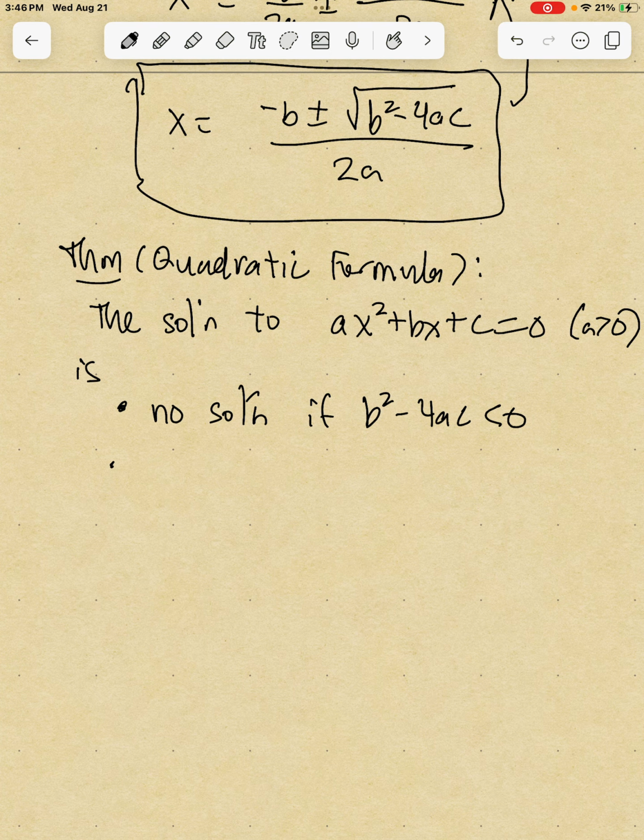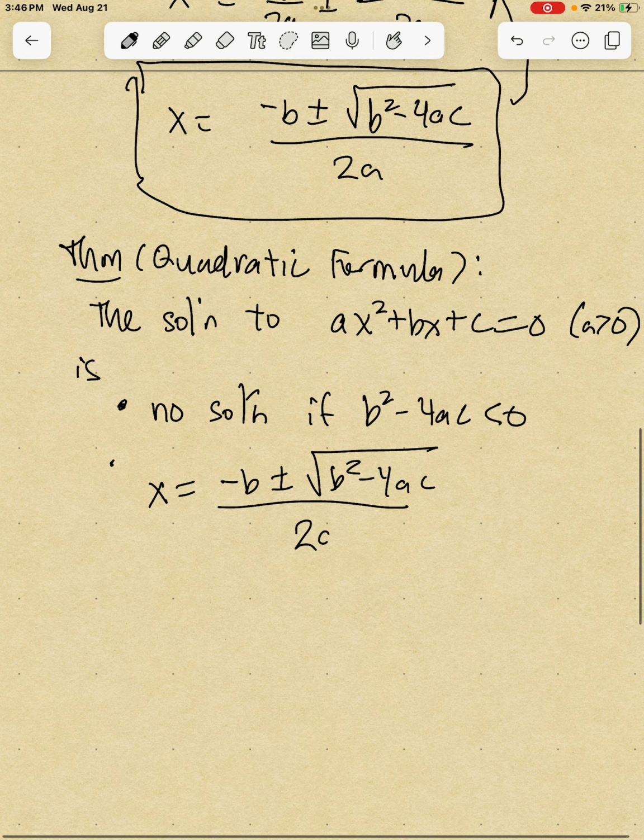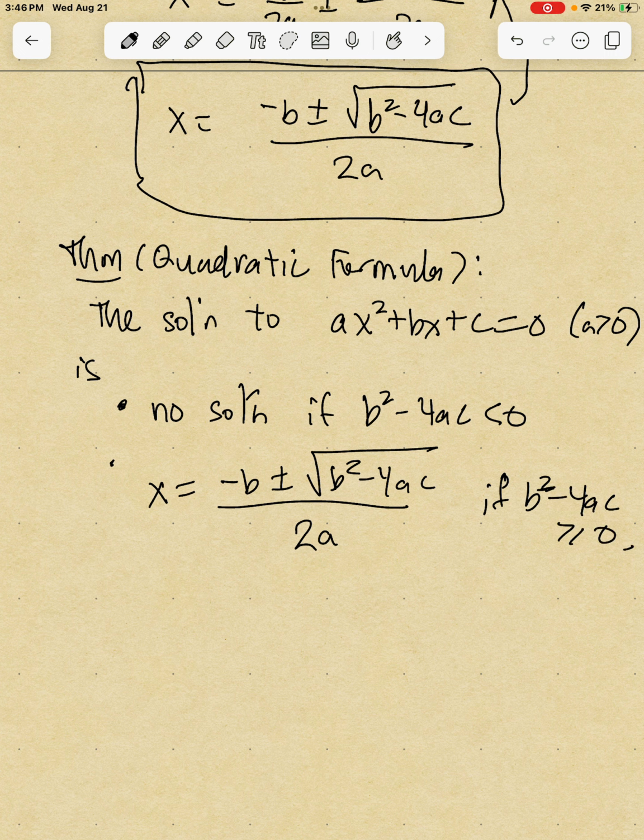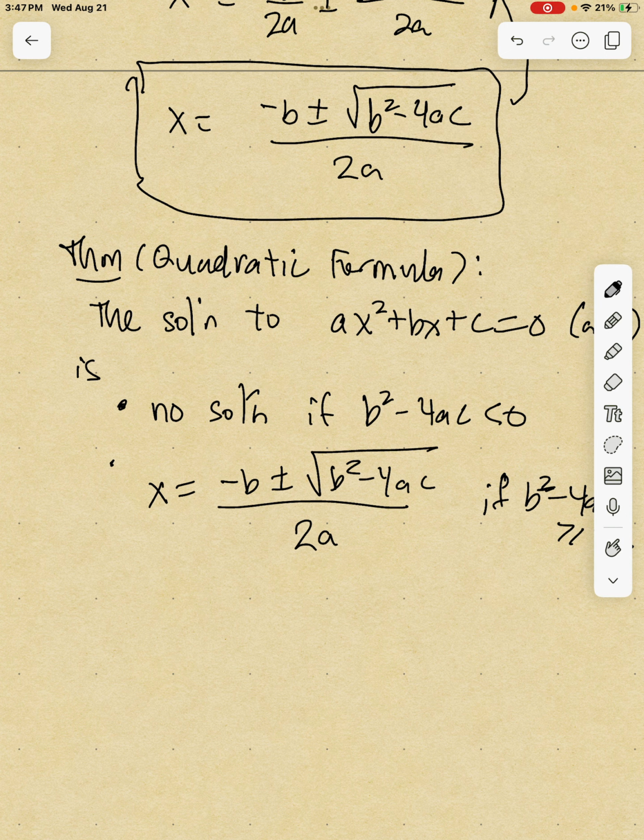But if b squared minus 4ac is greater than or equal to 0, the solution is negative b plus or minus the square root of b squared minus 4ac over 2a. So that's what we showed. And we used completing the square to figure this out.